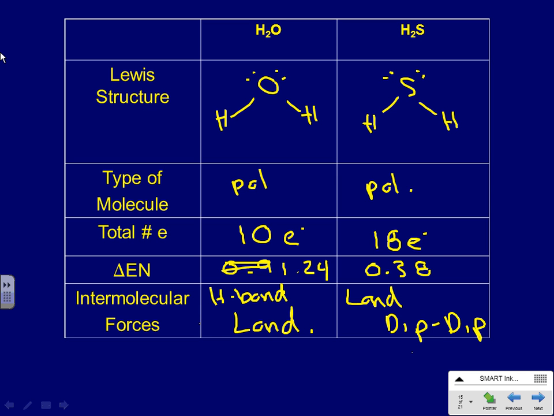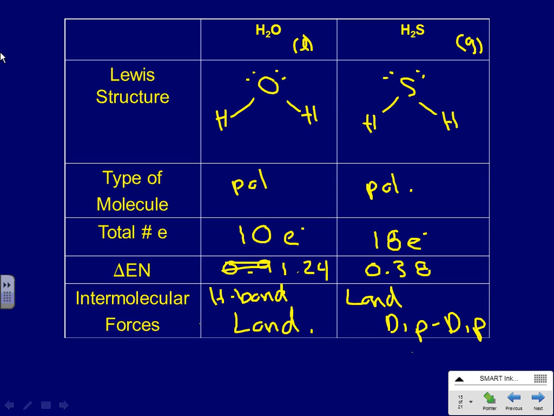You know what? If you were to make the argument that it's inconclusive, I guess I'd give it to you. But this is hydrogen sulfide. This is a gas, I know that from just what I know. And this is obviously a liquid. Because this delta EN is not strong enough.